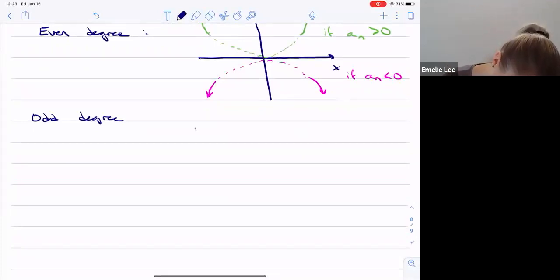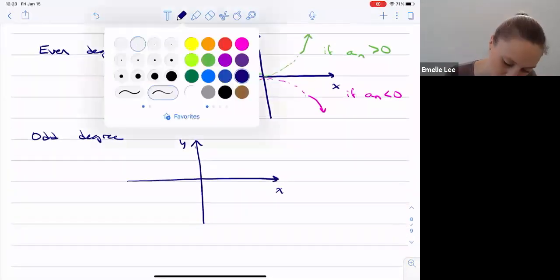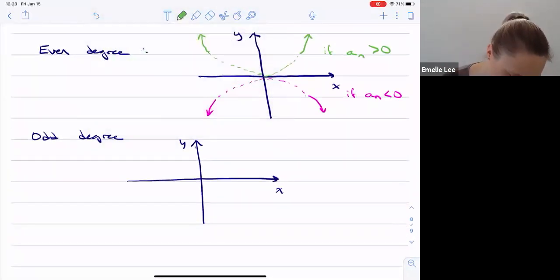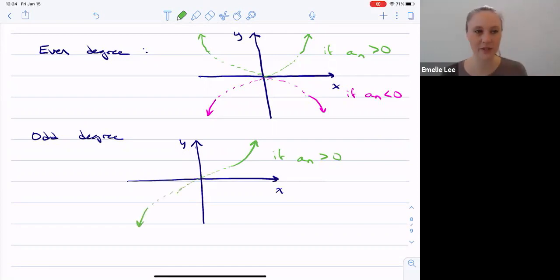So let's see here. X, Y, and if a subscript n is greater than 0, anything can happen in the middle there, I guess I kind of scooted it out a bit, but that's okay.